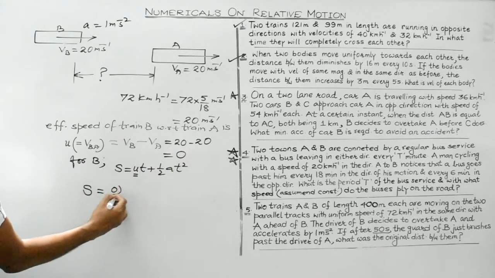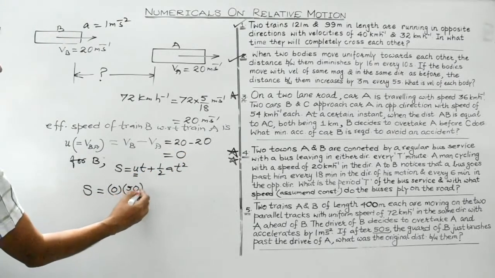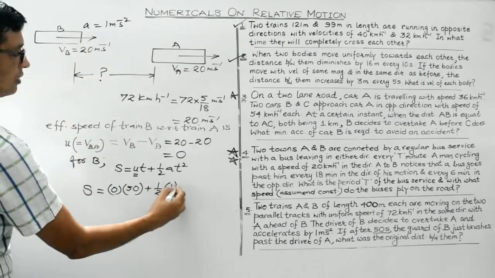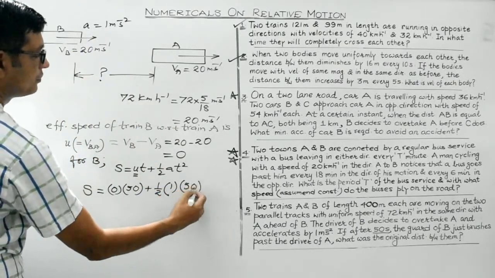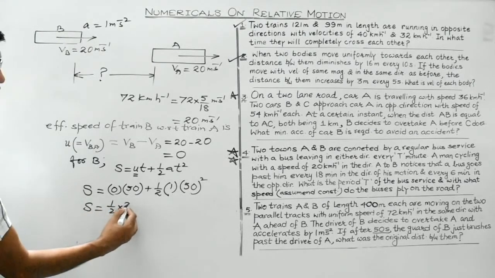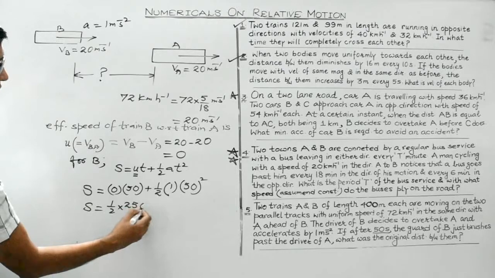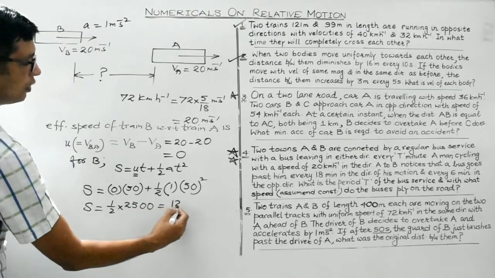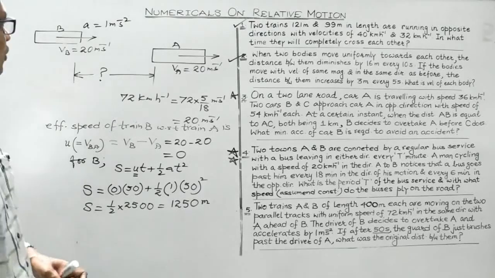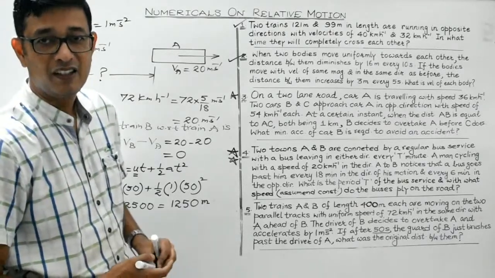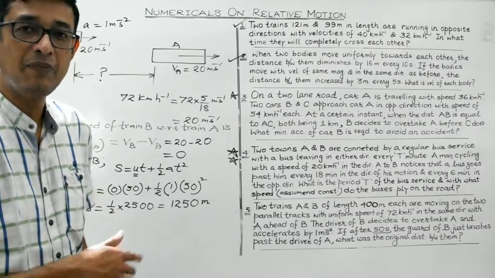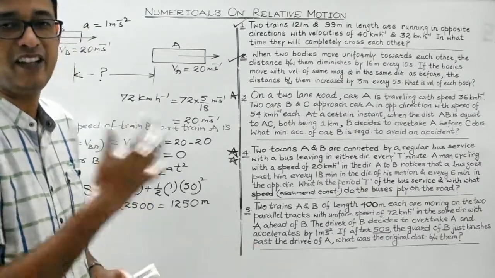So U is 0, t is 50 seconds plus half, acceleration is given to be 1, t is 50. So what you get is half into 50 square, that is 2500, which will give us 1250 meters. So the train B is initially 1250 meters behind train A.